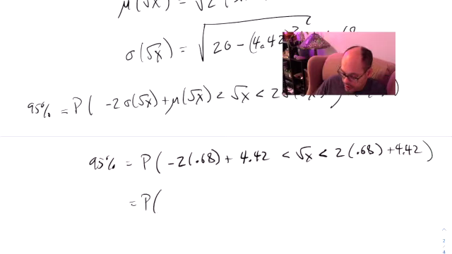And what is that? 2 times 0.68 is 1.36. That's 4.42 minus 1.36, which is 3.06.